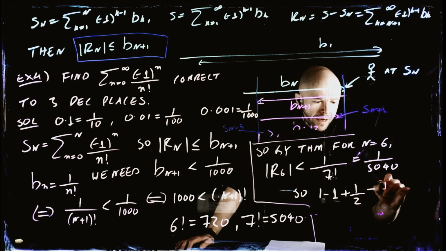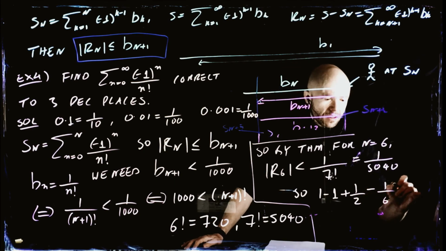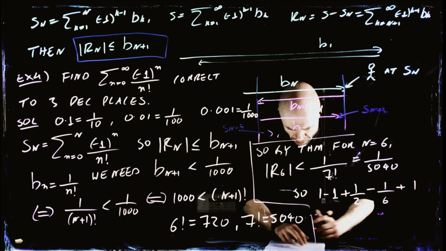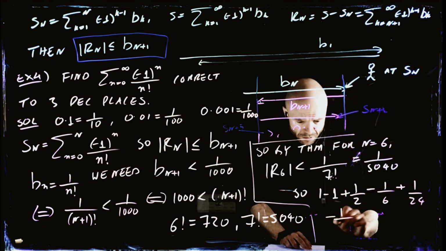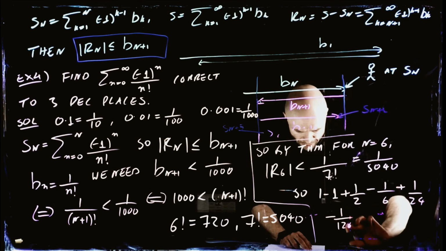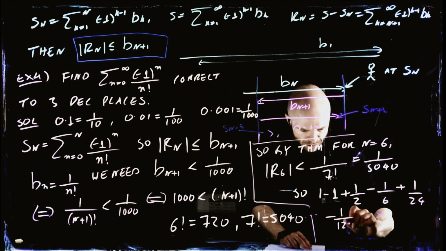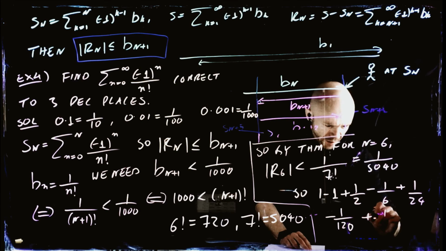The next term will be minus 1 over 3 factorial, which is 6. The next term will be 1 over 4 factorial, which is 24. Next term, minus 1 over 5 factorial, which is 120. And the final term is 1 over 6 factorial, which is 720.